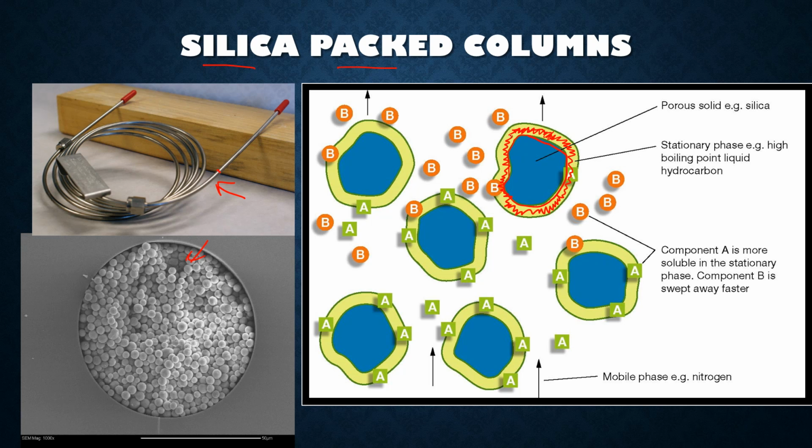Imagine this green part is one of those properties, and you can see in this schematic that A tends to interact or adsorb very strongly to the stationary phase, which is what I've coloured in red here. And so A will therefore take longer to travel through the gas chromatography column, because it's always interacting with the stationary phase. Whereas B doesn't really interact with the stationary phase much. It likes to hang out in the mobile phase, and therefore will travel through the chromatography column a lot faster.